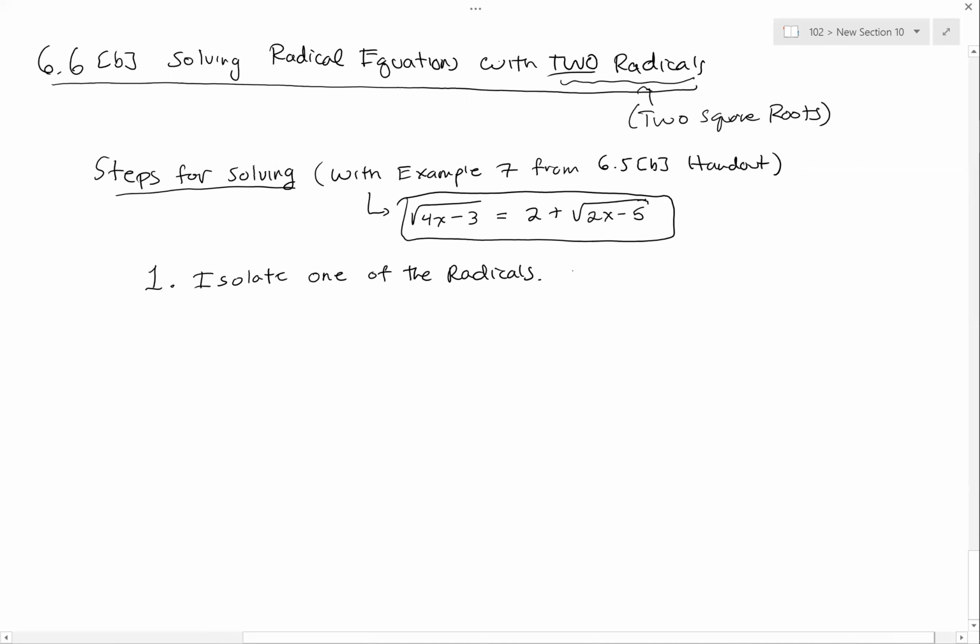We see on the left-hand side here, one of the radicals is already isolated, that square root of 4x minus 3. So there's no need to do this step. If needed, you may have to add or subtract a radical or a number from both sides to be in this situation. So for this example, this is already done for us.